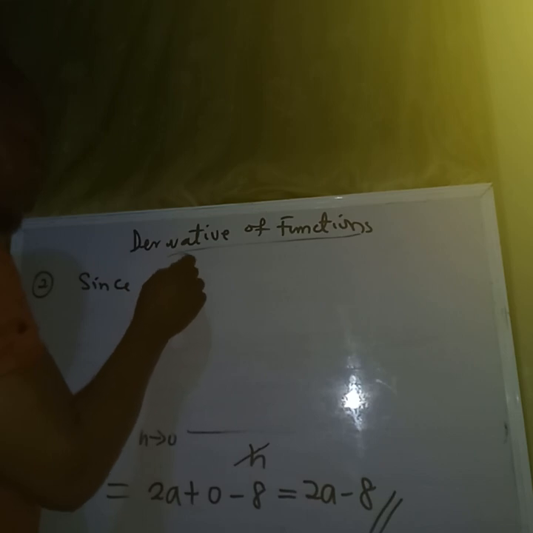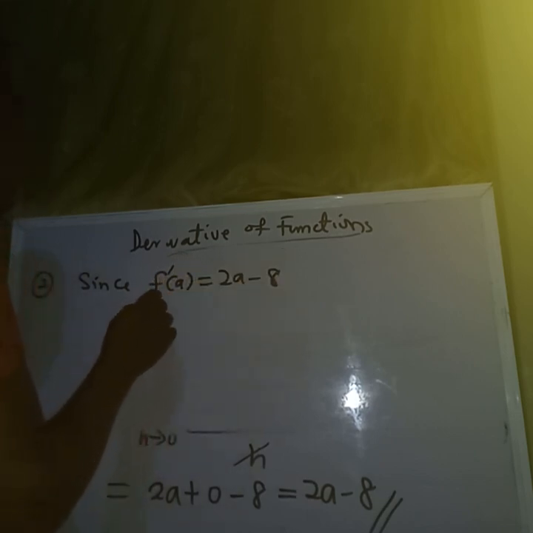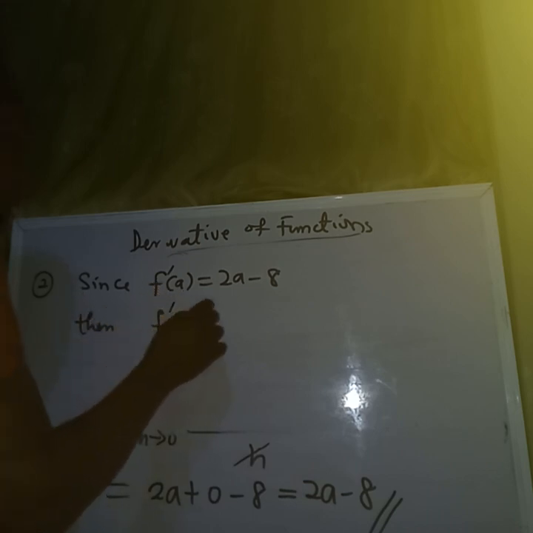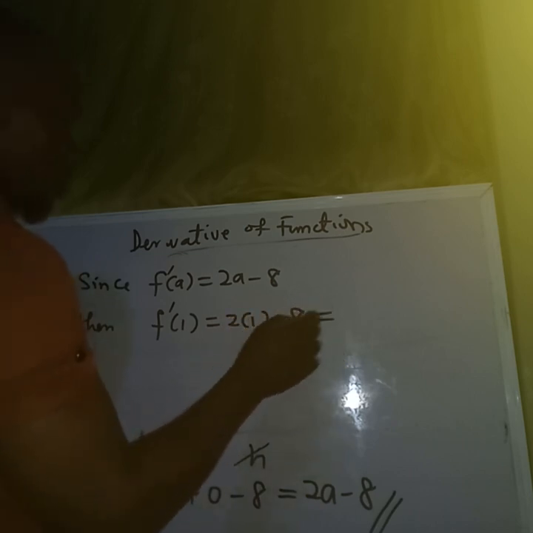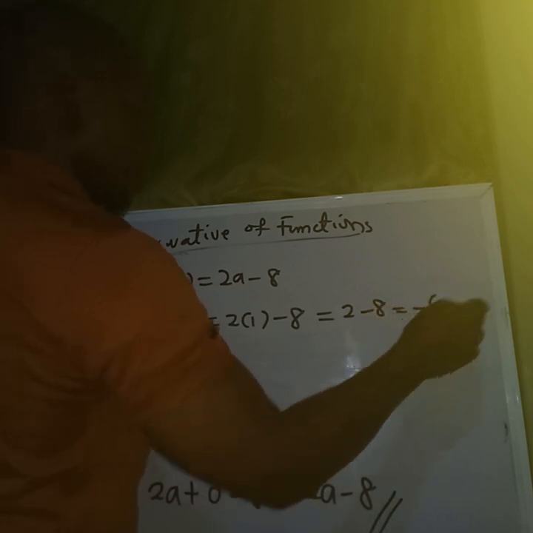Since f prime of a is given as 2a minus 8, then f prime of 1 will be equal to 2 into 1 minus 8, and this will be 2 minus 8, and this is minus 6.